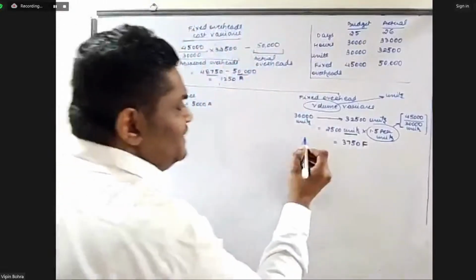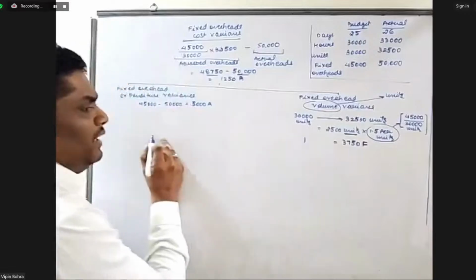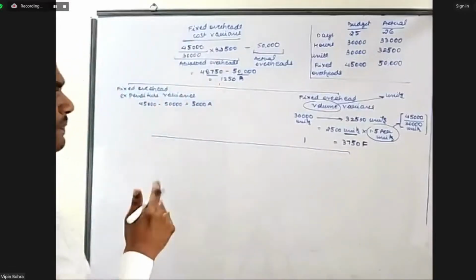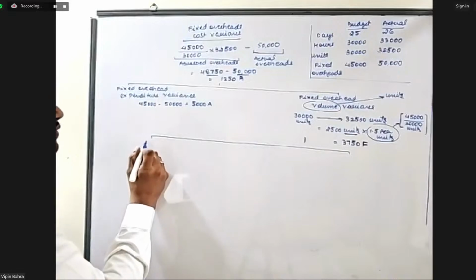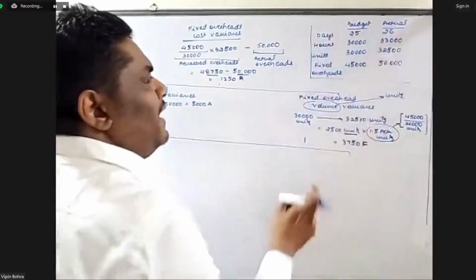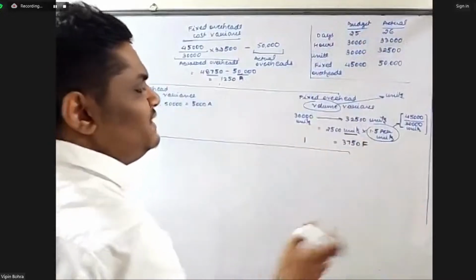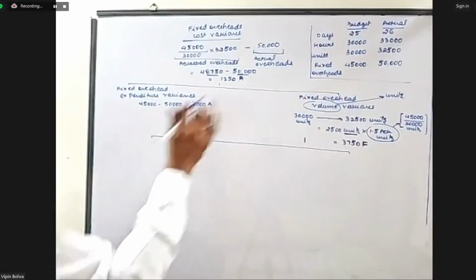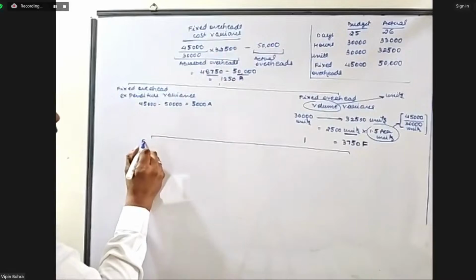Now this increase or decrease in units can be due to the following reasons. First, it may be due to the number of days, or it may be due to the number of hours, or it can be due to efficiency or inefficiency. So let's start with first of all the days part.